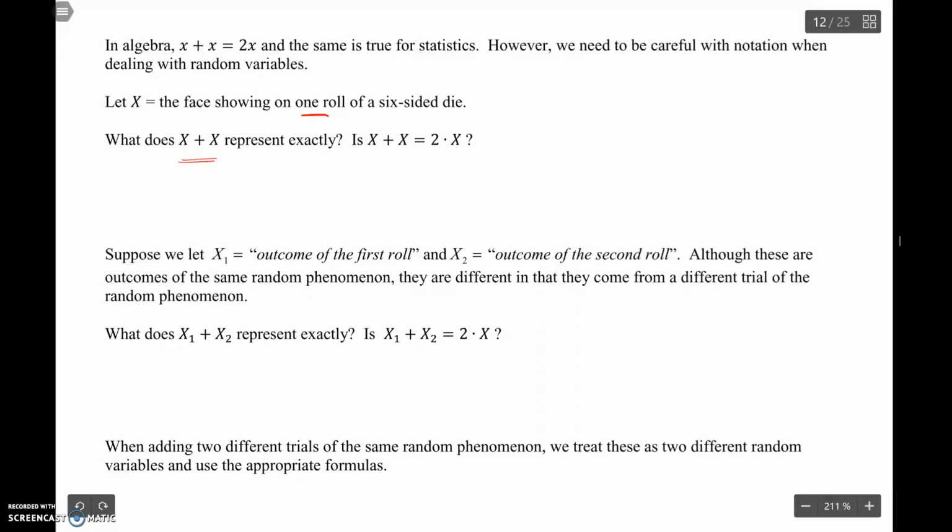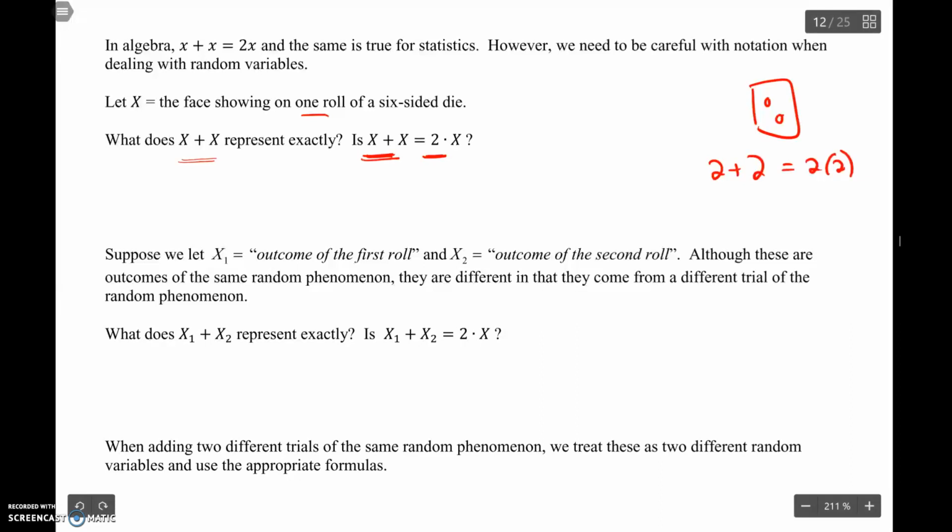Exactly. So if I roll a die and I get a 2 showing up, x plus x means on my single roll, I'm going to take the outcome on one face and add the outcome on the same face. So it's going to be 2 plus 2. I'm not rolling it 2 different times. It's the same roll. Therefore, x plus x does equal 2x. If I take 2 plus 2, that's the same as taking 2 times 2. Okay?